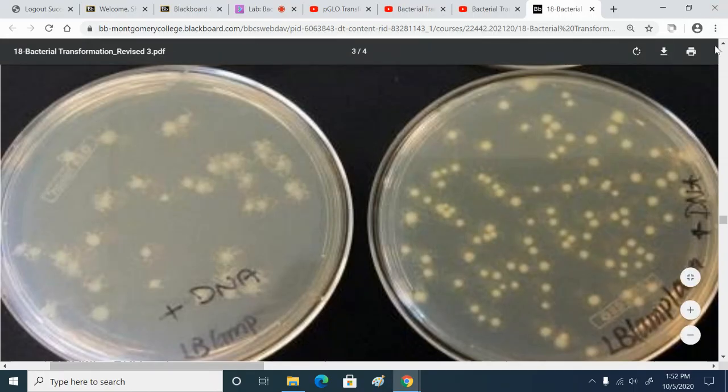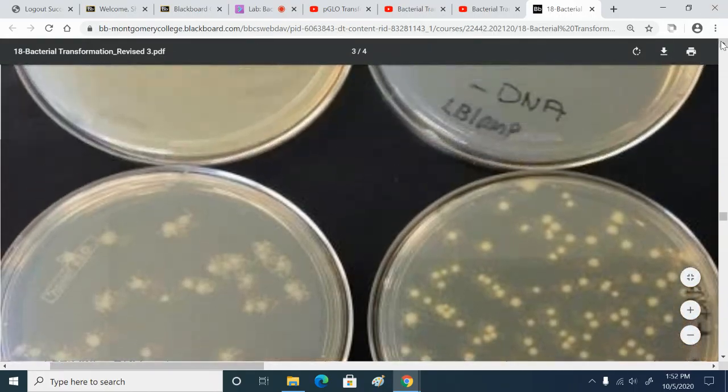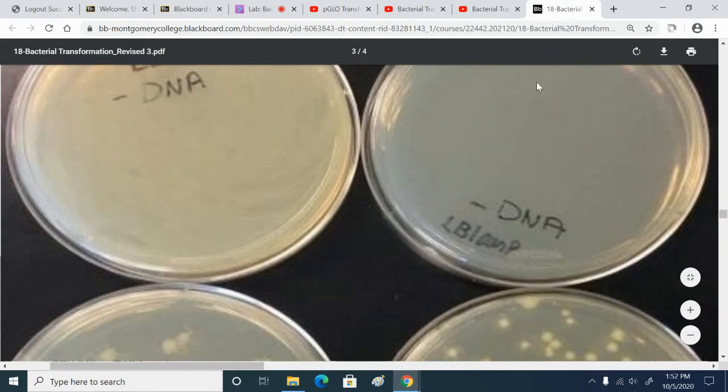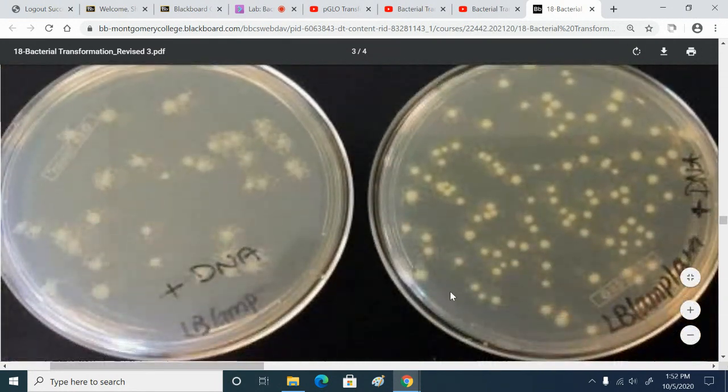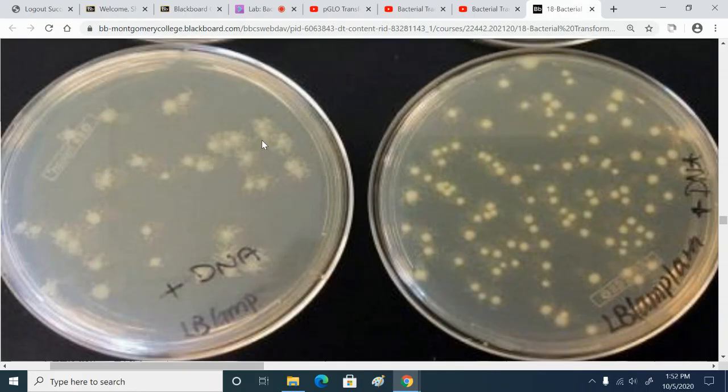We just saw that doesn't happen, right? Plain E. coli is killed. We proved that. And yet, here we have little satellite colonies of plain E. coli. How can that be? How can they be growing on plates with ampicillin when we just demonstrated that ampicillin kills plain E. coli?